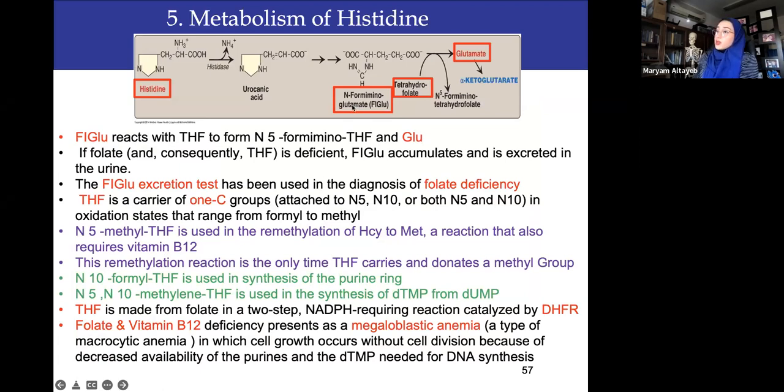So, remember, because we said it's important, you need vitamin B9 and vitamin B12 for that conversion to happen. If you have a deficiency in folate, logically, this is going to build up, right? Because this reaction can't happen. It can't convert this from histidine all the way to glutamate, alpha ketoglutarate, and all of these things. Why does that matter?